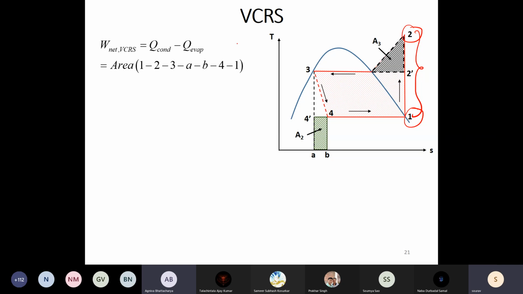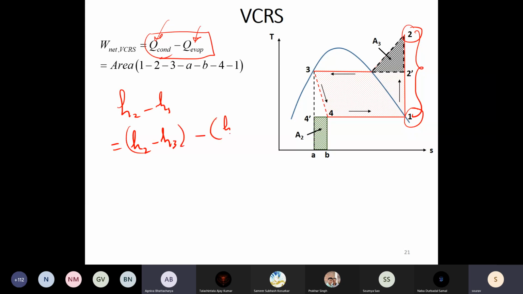Now from the first law of thermodynamics, we can also write that the net work input is nothing but Q condenser minus Q evaporator. Can I write this? Okay. So if you are finding it difficult to understand, let's work with H2 minus H1, that is H2 minus H3 minus H1 minus H3.